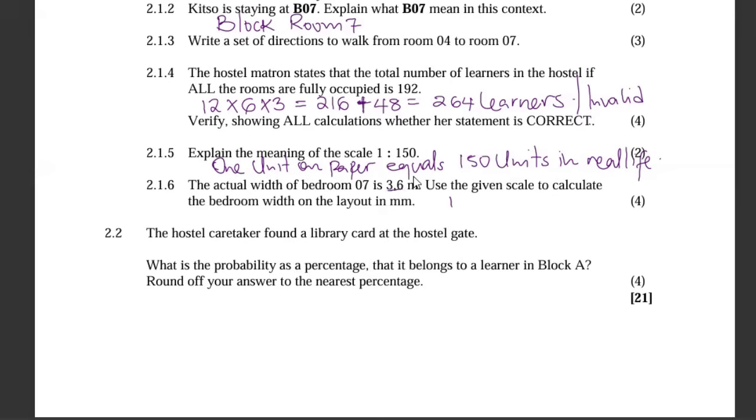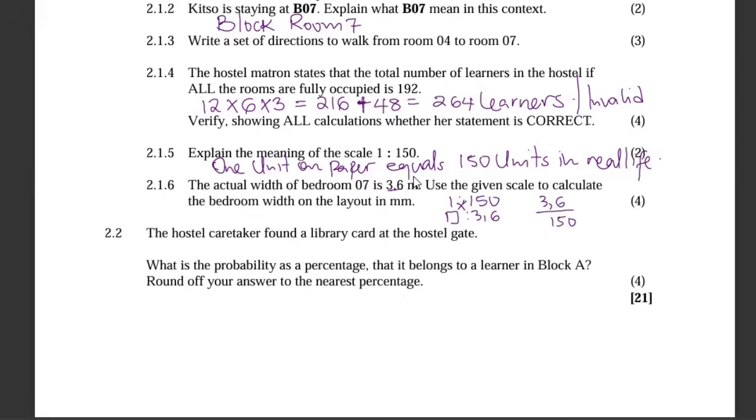So if 1 is 150 in real life, we shall put here 3.6 and what is it on paper. So we cross multiply, meaning we shall divide 3.6 by 150. Don't forget that these will be meters.